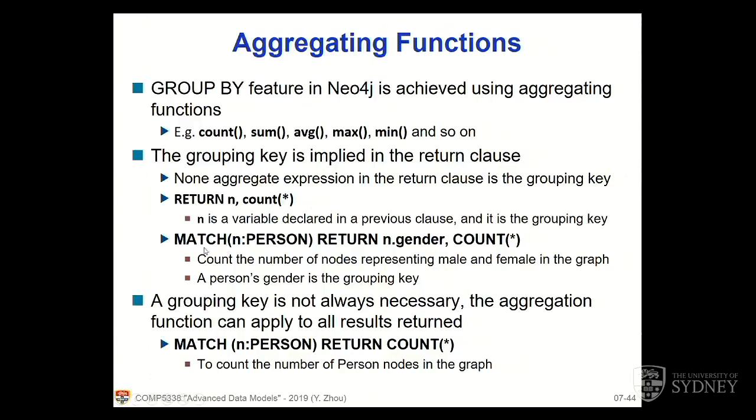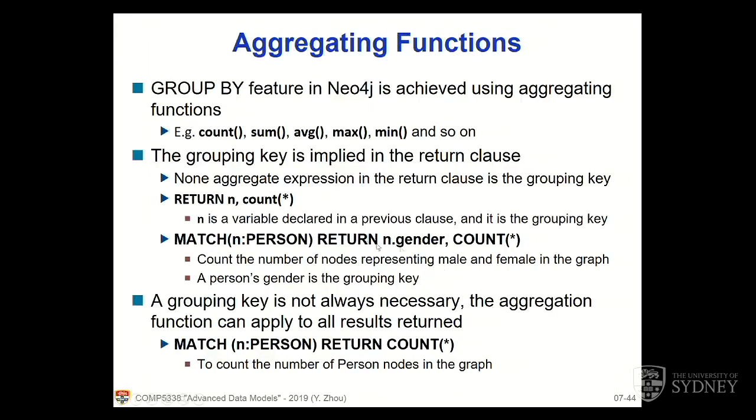So for instance, this is an example. If we want to find out the gender distribution, like how many male, female, or other genders in the database, this is how we can do it. We're only interested in the person node, and we want to find the distribution of the gender.